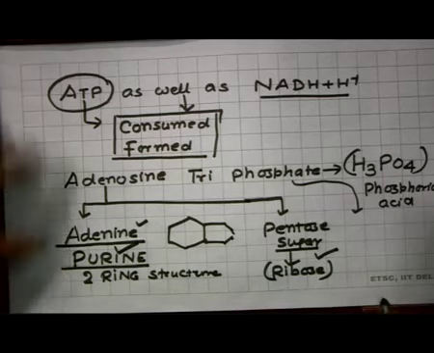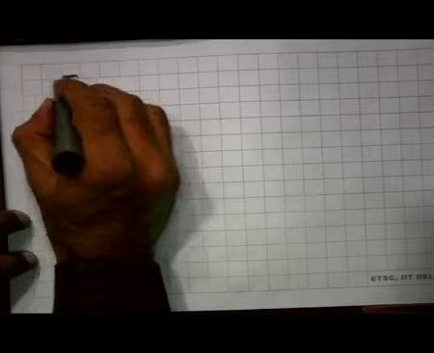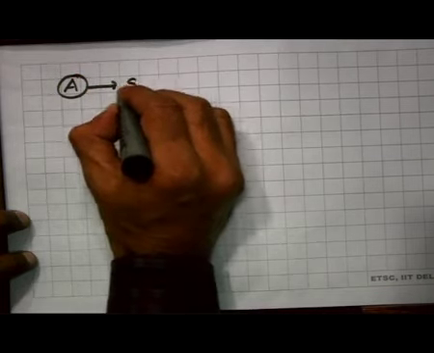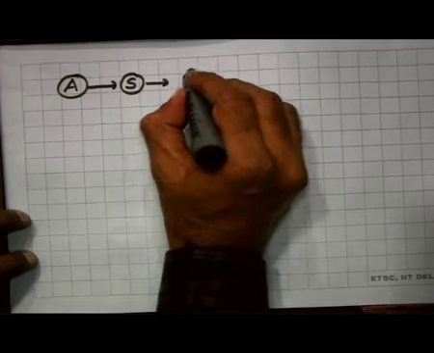Simply we can say ATP is formed by adenosine, adenine, sugar and 3 phosphate molecules.